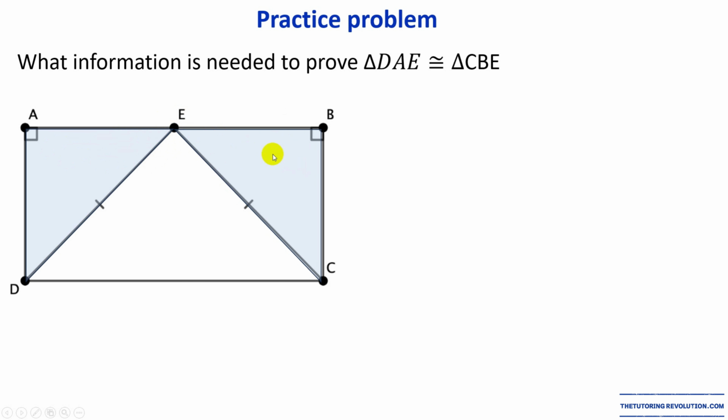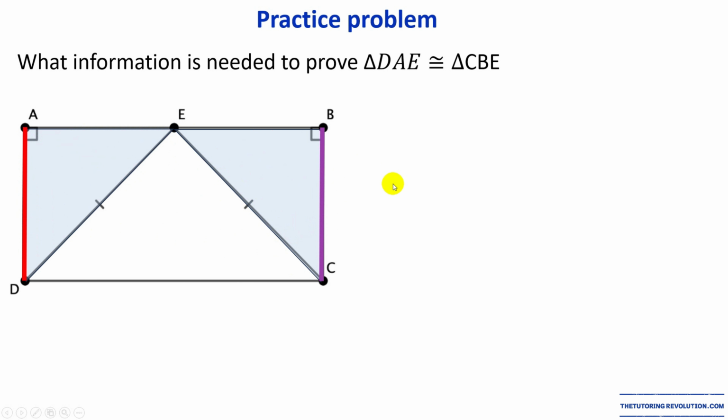So since they are right triangles, we can use the hypotenuse leg theorem that says that if the hypotenuse is the same, which it is, you see this tick mark here and this tick mark here, thus telling us that the hypotenuse of this right triangle is the same as the hypotenuse of this right triangle. It measures the same. So we just need one leg in common and we prove congruency.